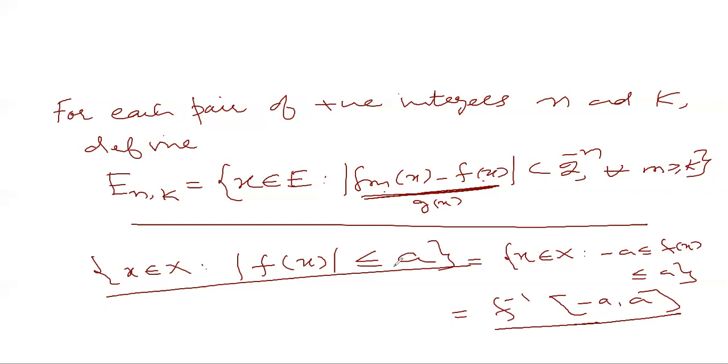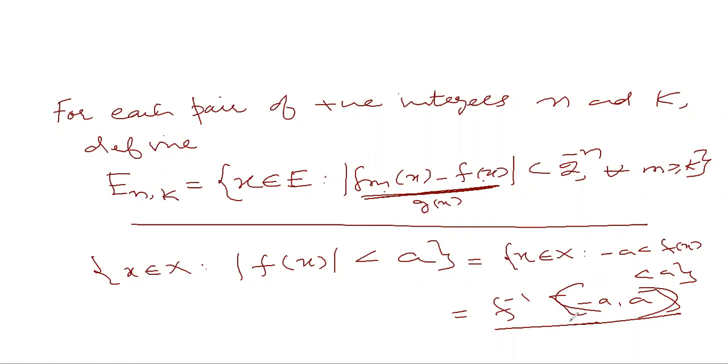If I replace this less than or equal to with strictly less than, I will get the inverse image of an open set. If it's strictly less, then it will be the inverse image of an open interval, not closed.